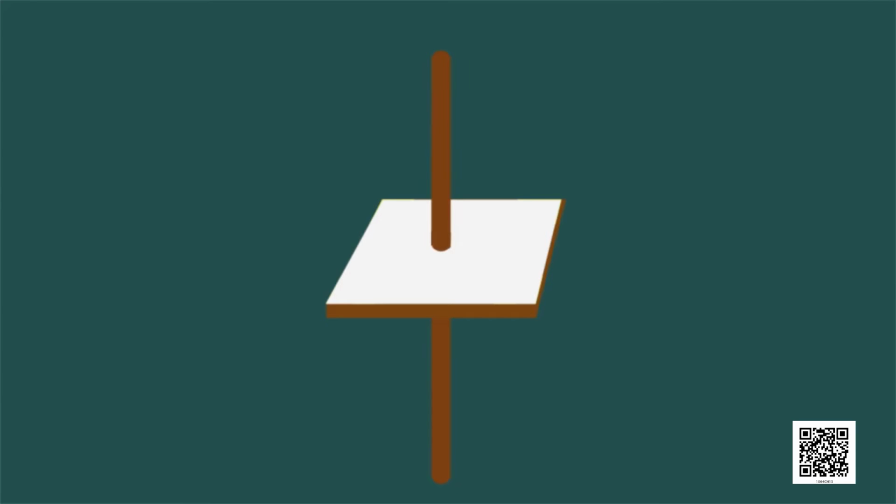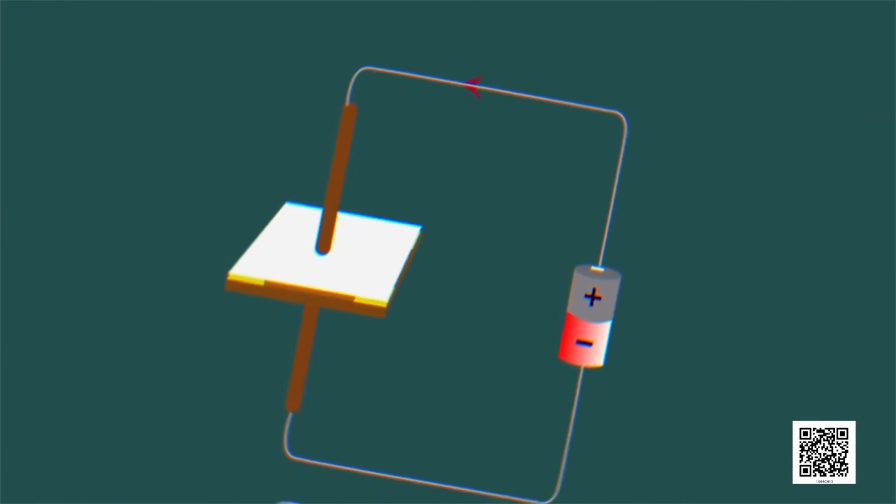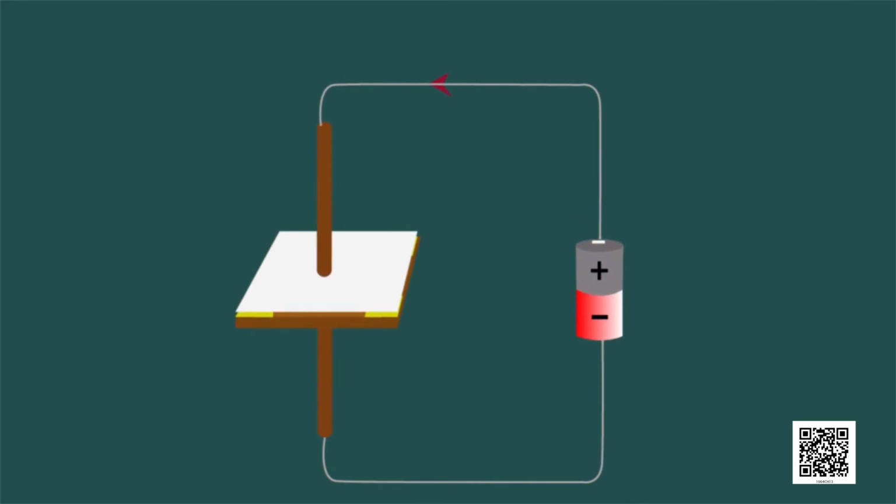Take care that the cardboard is fixed and does not slide up and down. Connect both the ends of the copper wire vertically and in series with a battery with the help of connecting wires. Sprinkle some iron filings uniformly on the cardboard.